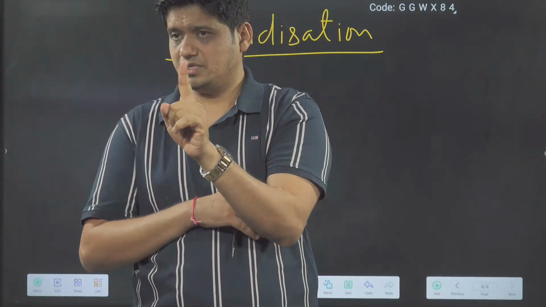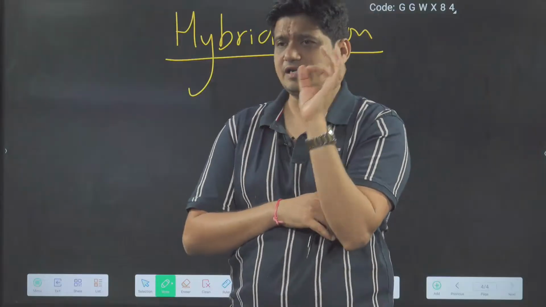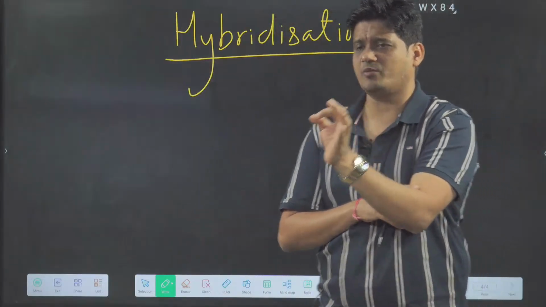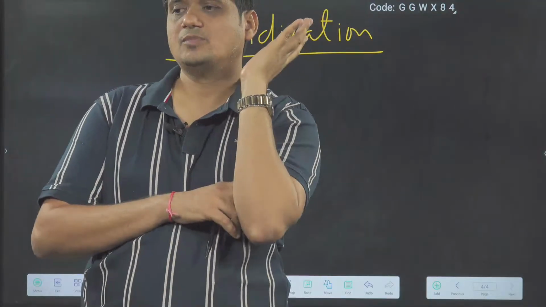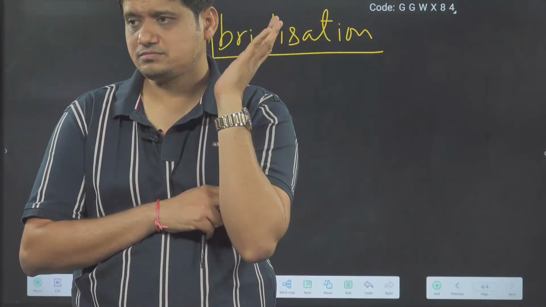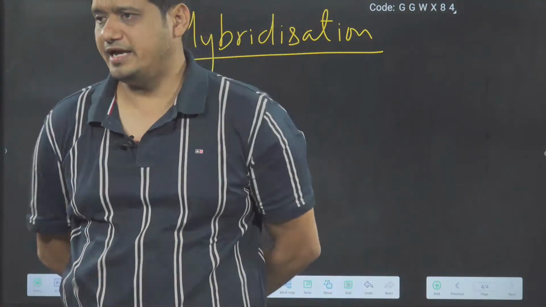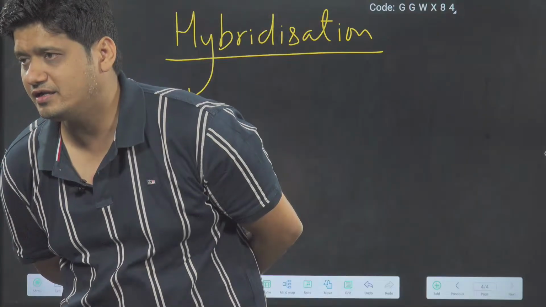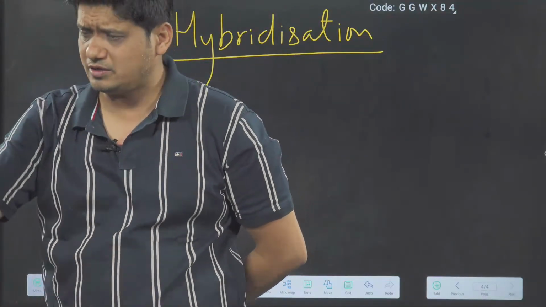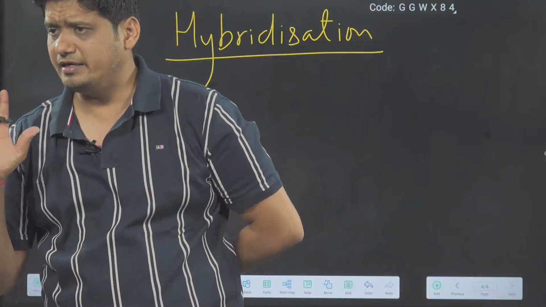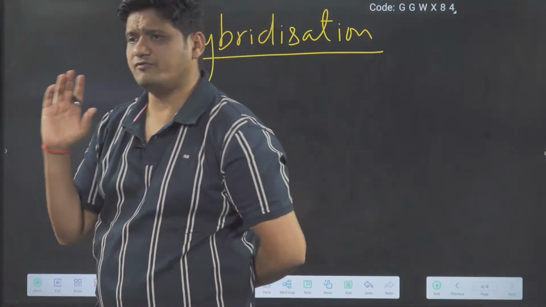Is the question clear? Hybridization is intermixing of atomic orbitals of same atom or different atoms. Energy we'll discuss later. I'm asking only same atom, different atom.